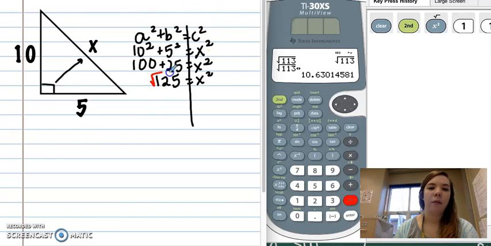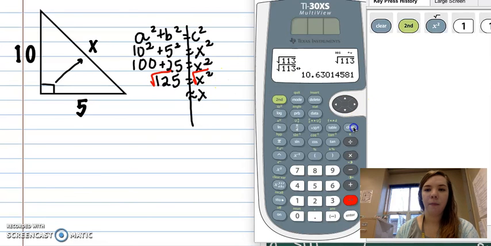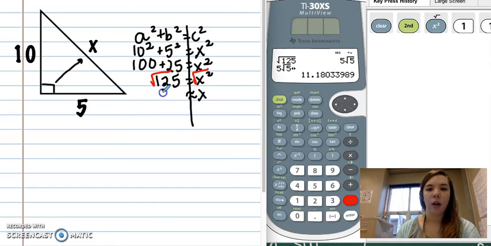And then you're going to square root. Again, I don't know this one off the top of my head, so I'm going to type it in. Square root of 125. And then it's going to give you this weird thing again, so you hit your toggle button. So this would round to 11.2. That's going to round up. It was a very long decimal. It did not actually stop. This is irrational.